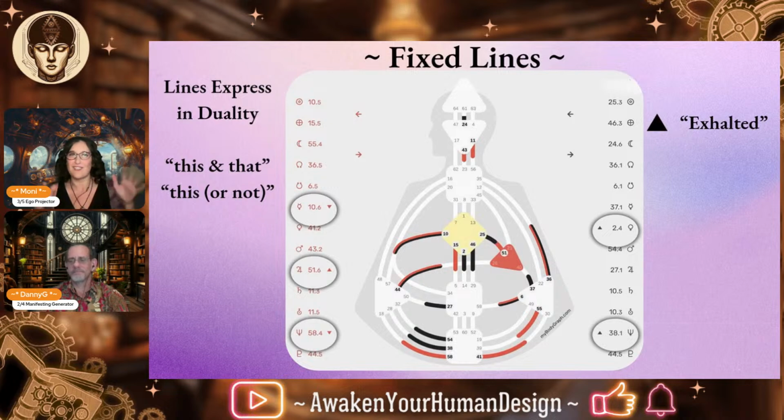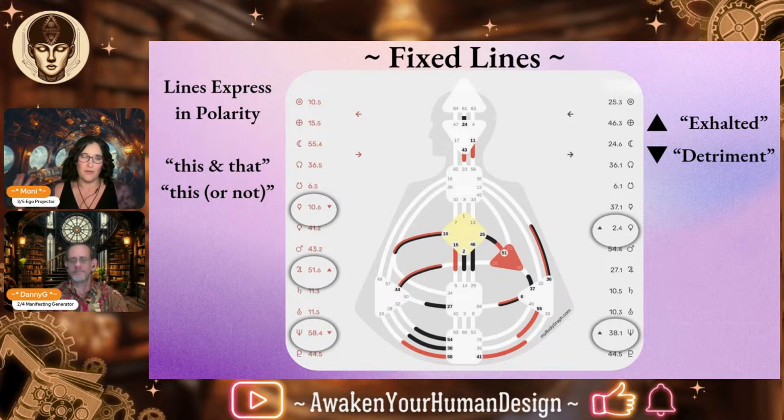The flip of the down triangle is detriment. It sounds like one's good and one's bad, but it's not that. One might look better and easier, but they're both really important. If you have the down triangles, don't feel bad. There's nothing bad about your chart. It's just fixed in that expression.